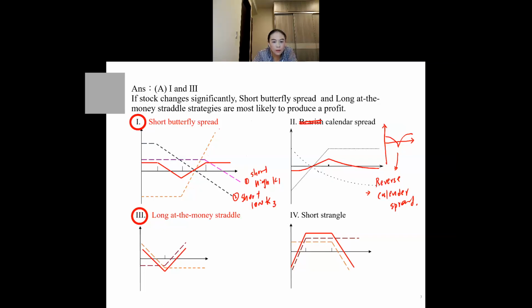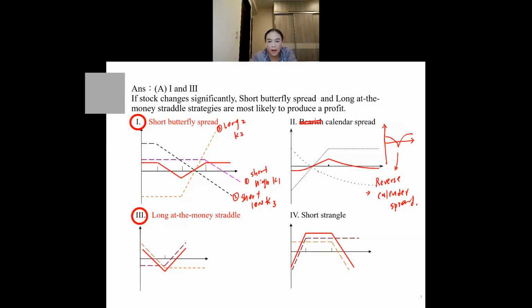And then you go on to long 2 with the median K2, which is the opposite of what we previously learned. So it creates the opposite payoff. From this short butterfly, you will earn money when the stock price goes below K3 or higher than K1. In that case we can make money when the market is really volatile. So choice 1 is correct.